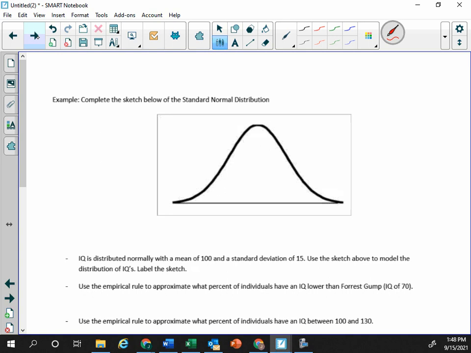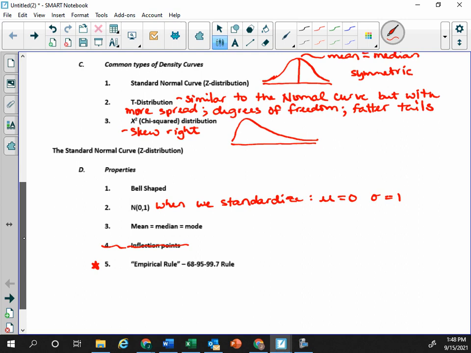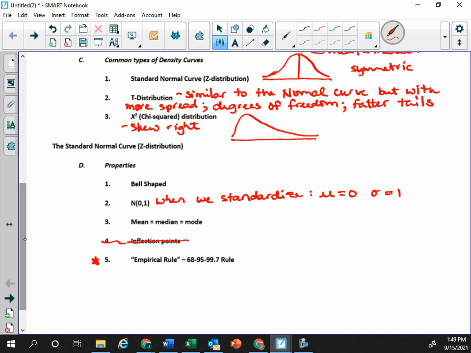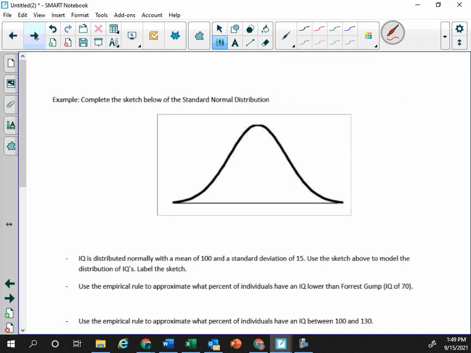Okay, so we have this lovely standard normal distribution picture for you. We're going to fill in some percentages, and then we're going to put the IQ distribution on here as well. So first, the empirical rule down here at the bottom, this 68, 95, 99.7. What that is talking about: there is the mean in the center.